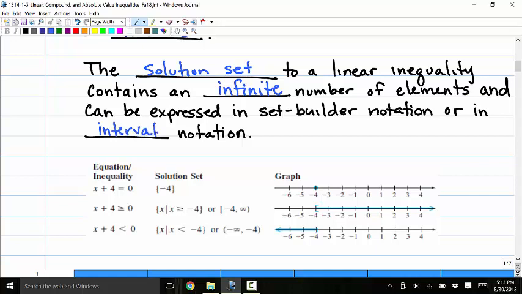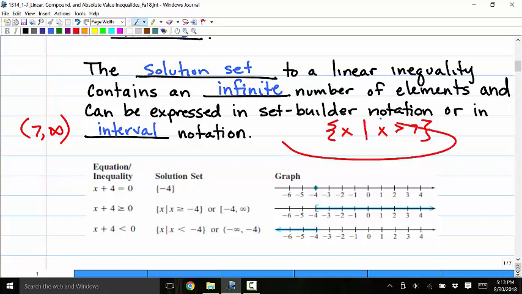I'm always going to ask you to do it in interval notation. And the difference, set builder notation is something like x such that x is bigger than, say, 7. That same problem expressed in interval notation is going to be 7 to infinity.